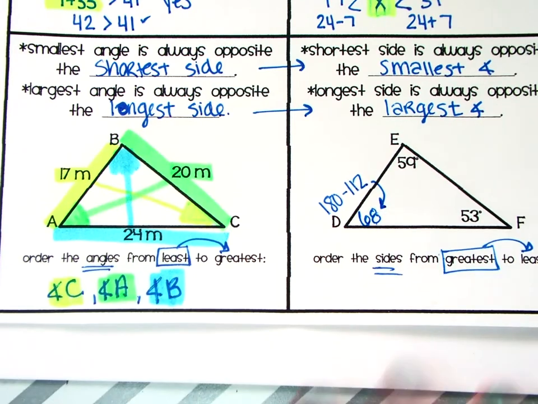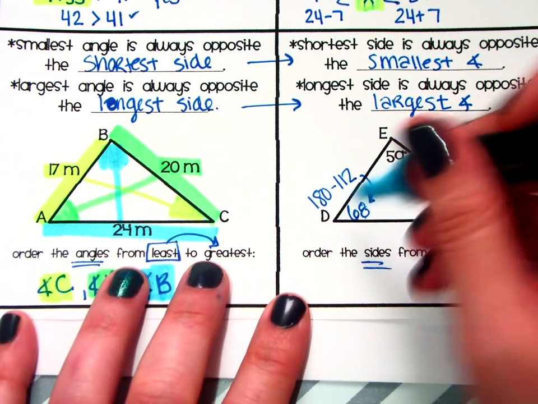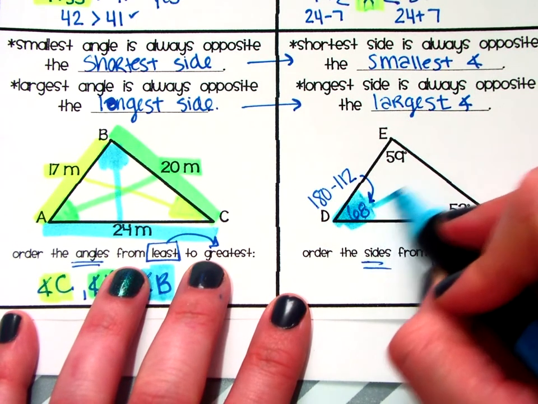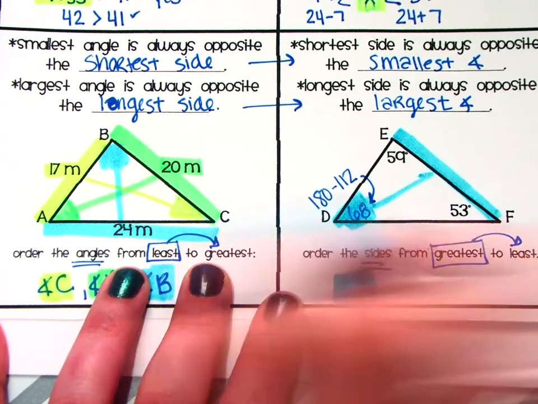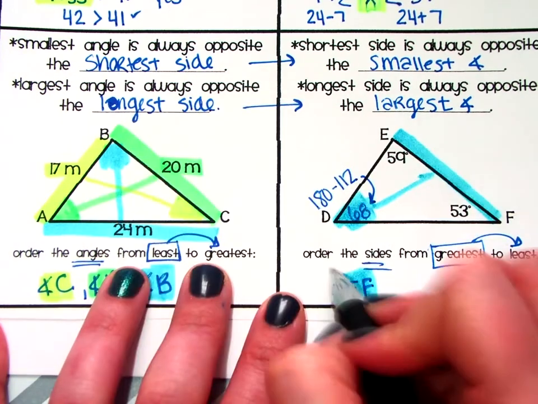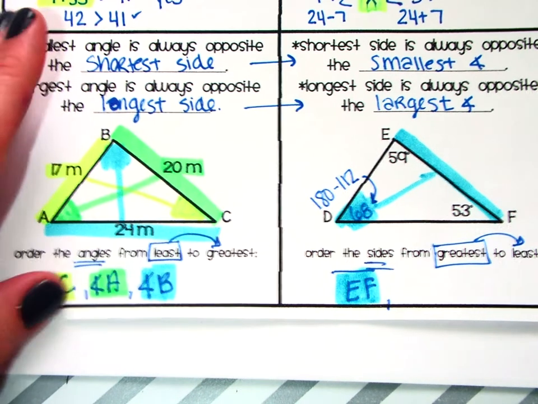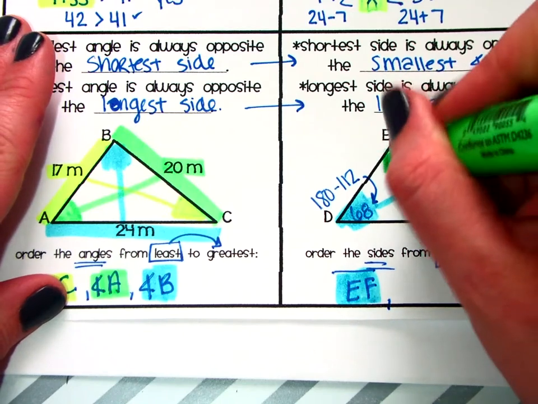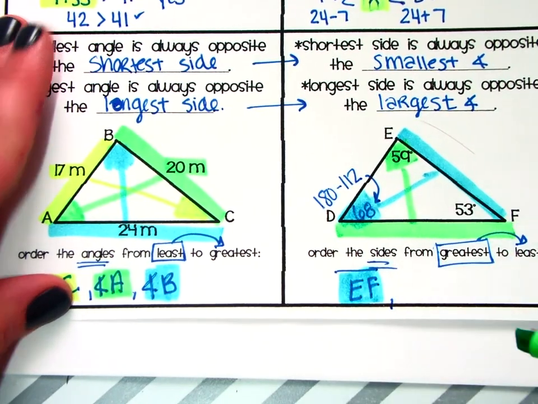You can't order them until you know all of them. So I want the biggest side. My biggest angle is angle D, making my longest side EF. It's very important that you pay attention to ordering, because if you order them backwards, your answer is flip-flopped. Going down from 68, the middle angle would be 59, making the middle side DF.